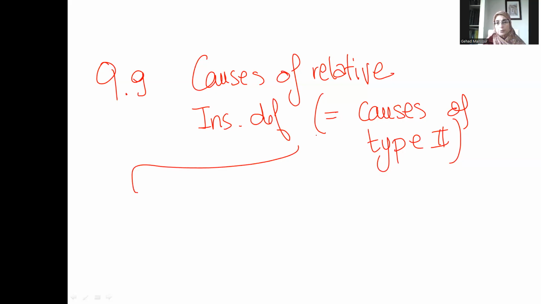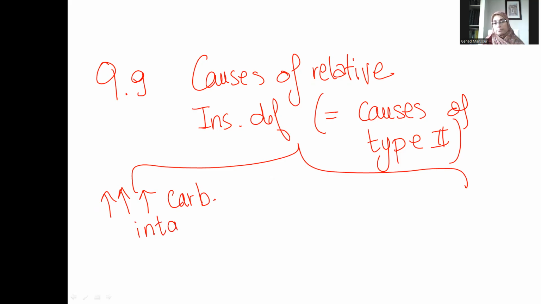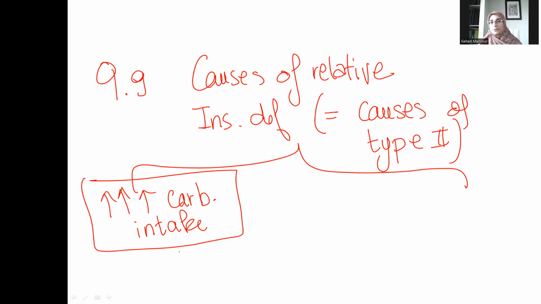So there are two broad categories or two broad reasons. The first one is the increased carbohydrate intake, because when you ingest carbohydrates excessively, your pancreas is secreting a lot of insulin that is not enough to cope with the high carbohydrate intake. So the pancreas becomes exhausted at the end of the day.